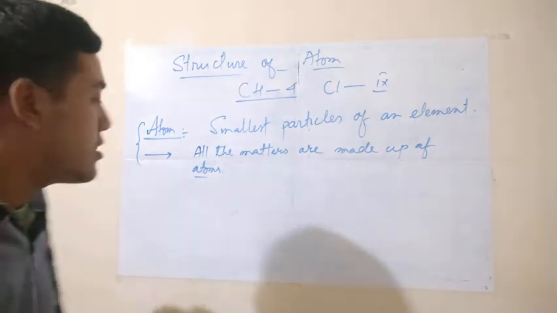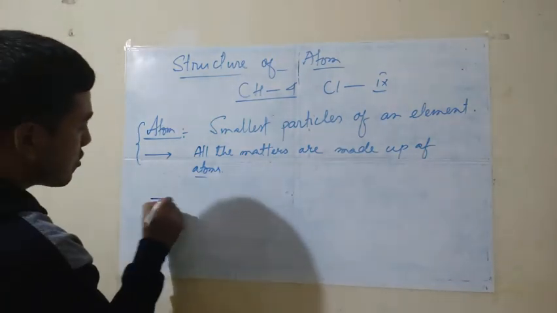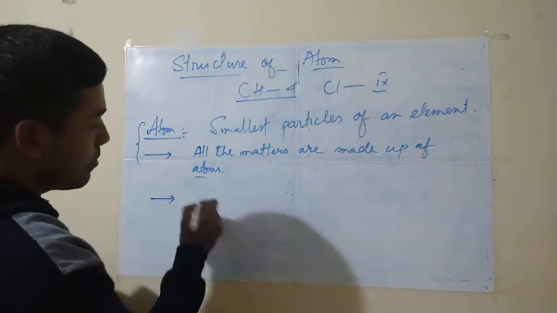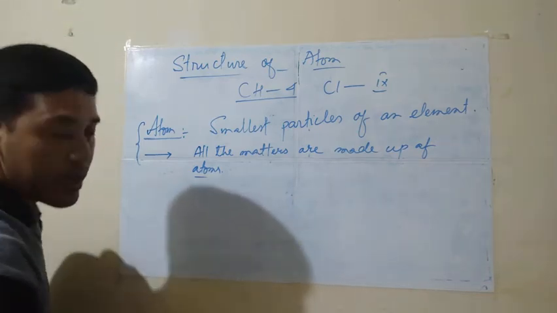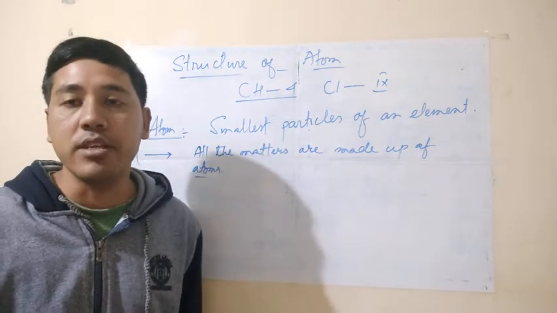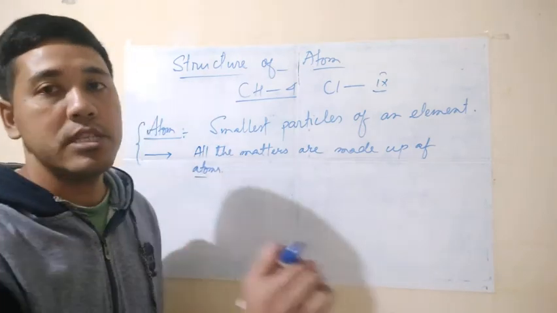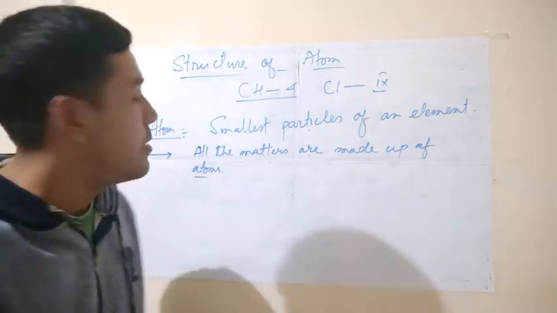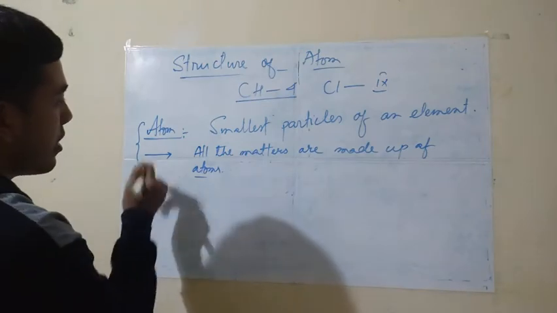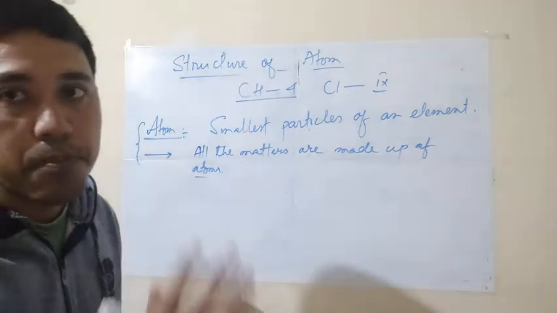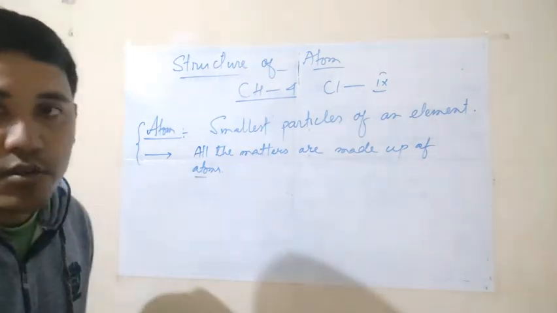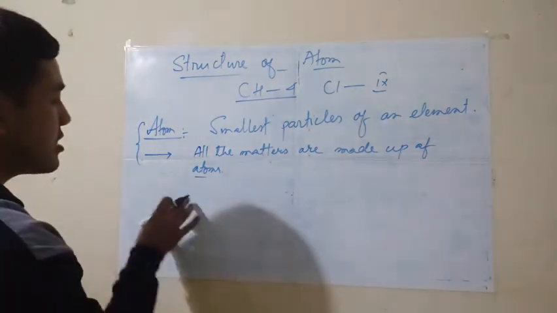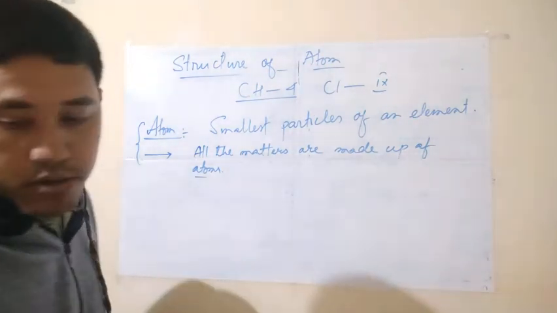One of the scientists told that atoms cannot be further divided into smaller parts. But in this video I will tell that an atom can be divided into 3 parts, that is proton, electron and neutron.